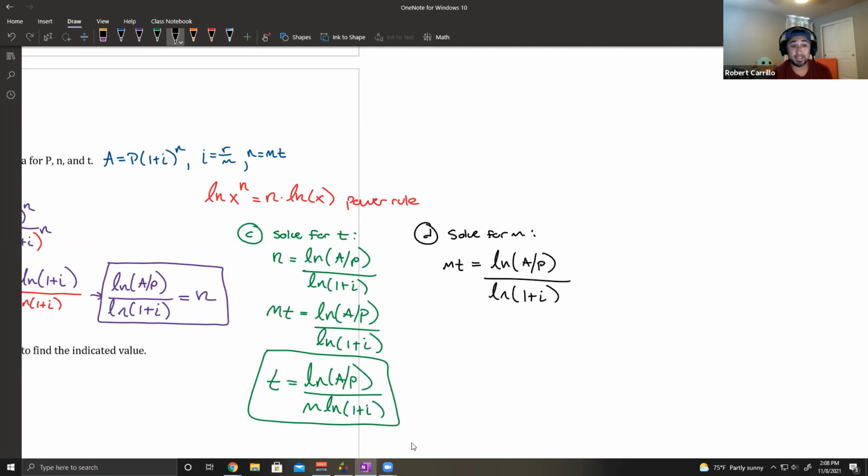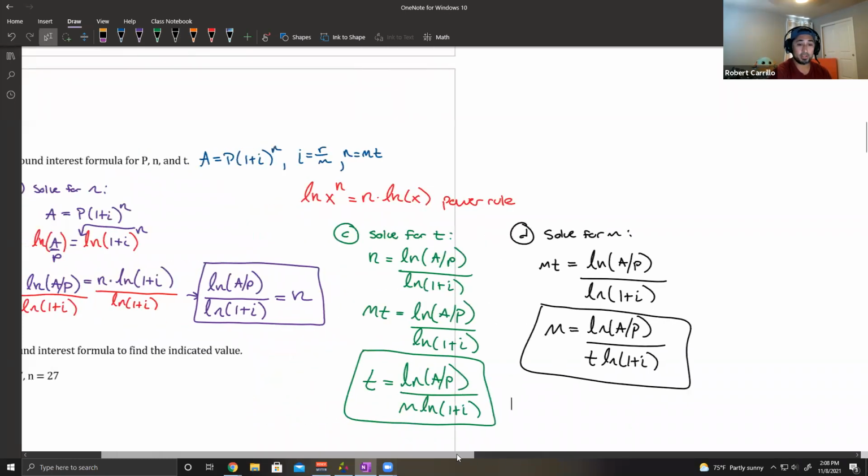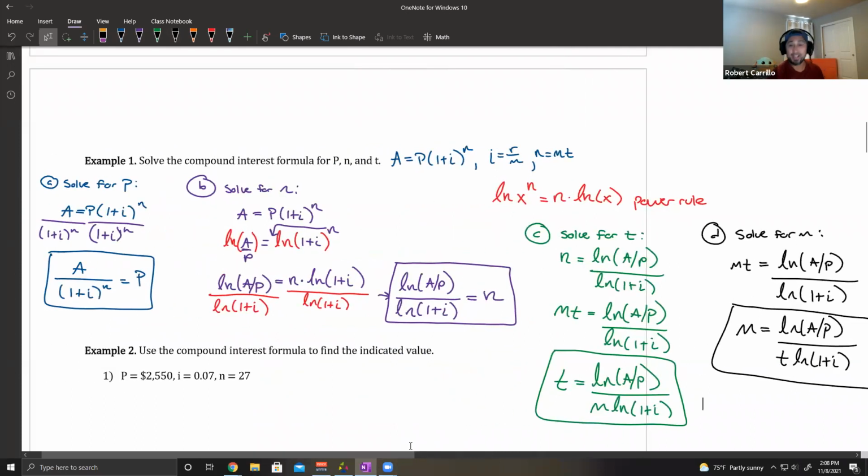And if you divide by t, m would equal the natural log of A over P over t times the natural log of 1 plus i. There you go.